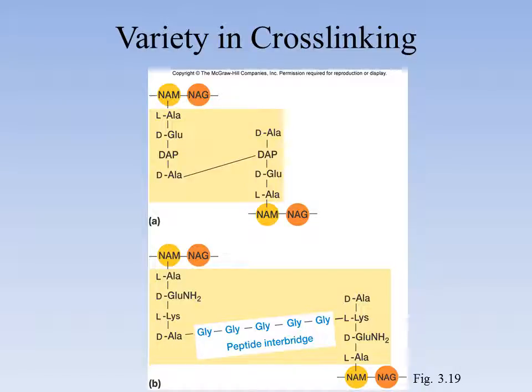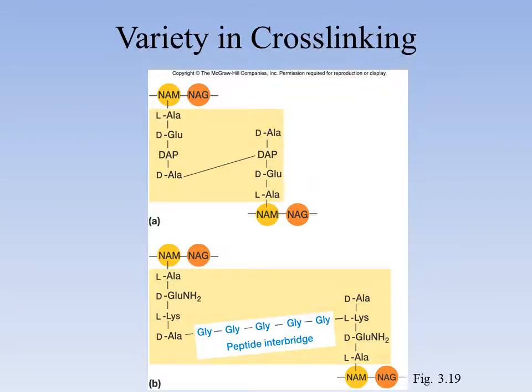We can have just what you see here, this example where alanine is directly connected, one amino acid directly connected to another. Or down here in B, you can see we can also have what's known as a peptide interbridge, where we have glycines connected to each other, so more amino acids linking one of our peptide chains to another. So we can have this alternate. Basically, we're going to link these chains together.